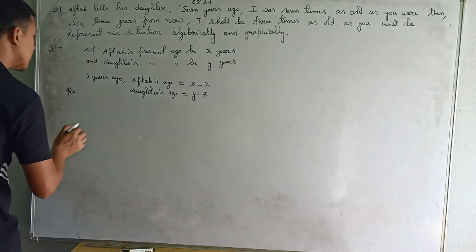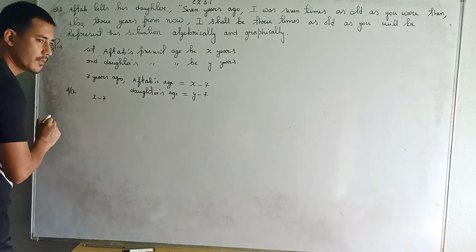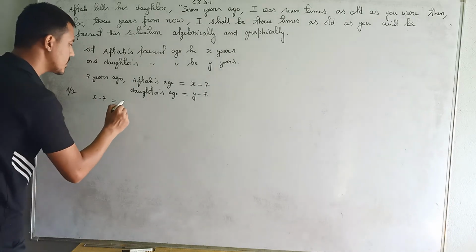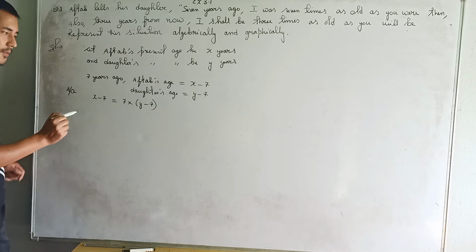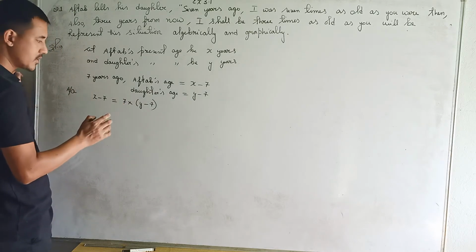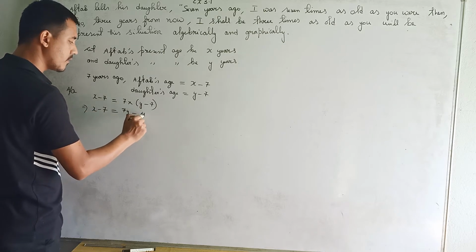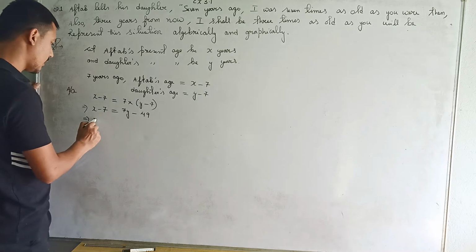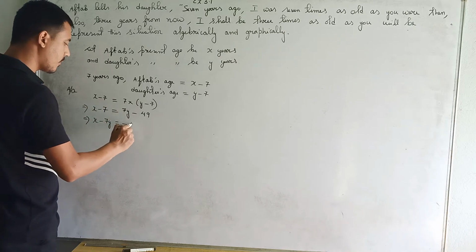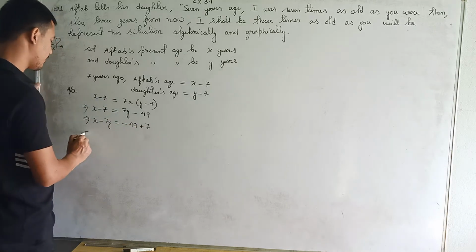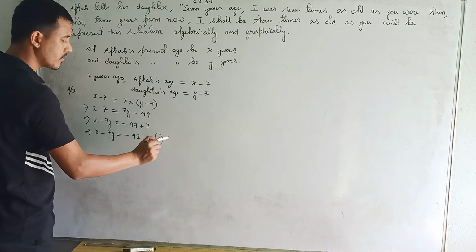Means 7 years ago, his age was 7 times his daughter's age. x minus 7 equals 7y minus 49. x minus 7y, transposing the 7y and the minus 49, equals minus 49 plus 7. x minus 7y equals minus 42. That is your first equation.